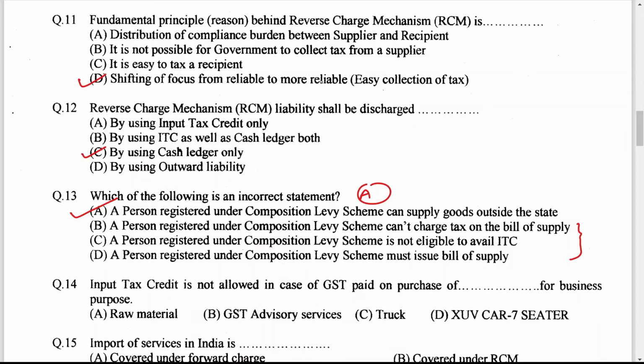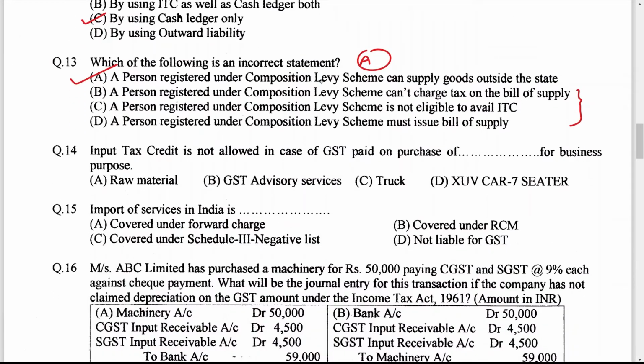Now, next one, input tax credit is not allowed in case of GST paid on purchase of which item for business purpose. So from this, raw material purchase, input tax credit is available. GST advisory service, on that also input tax credit is available. Truck is used for transportation of goods, so that is why credit is available.